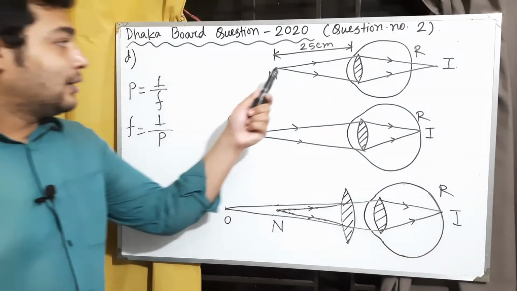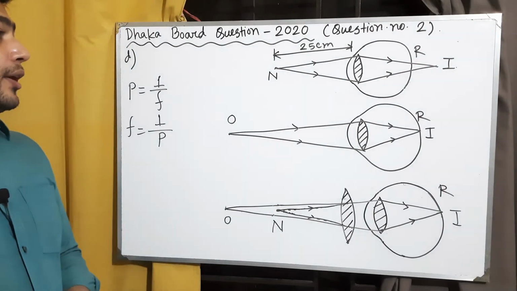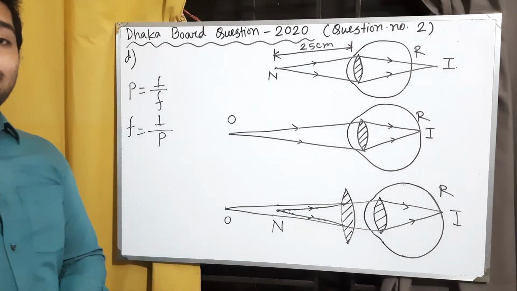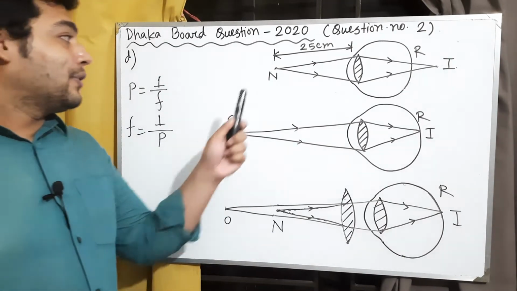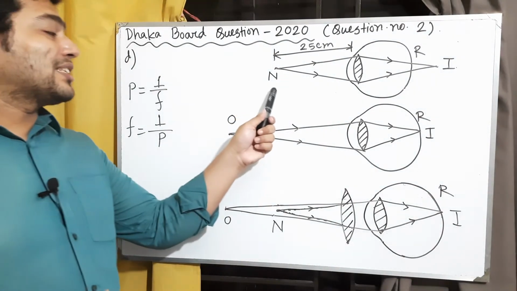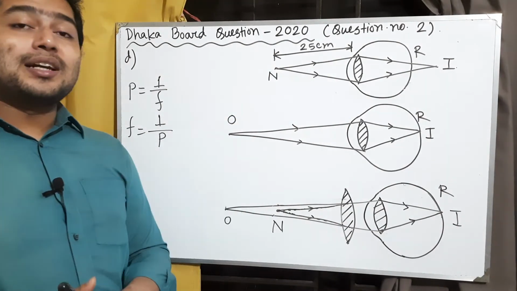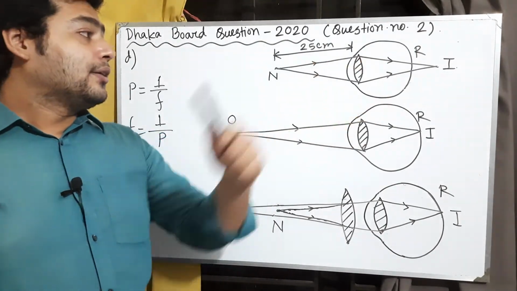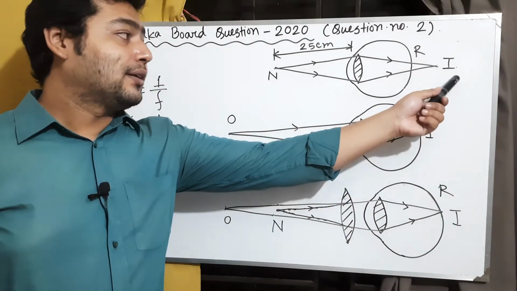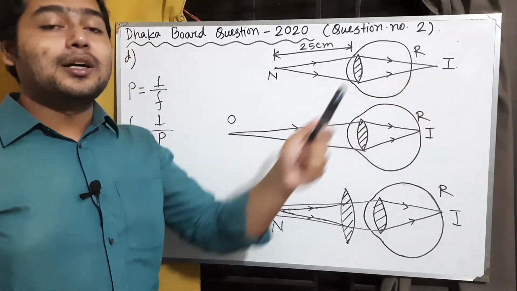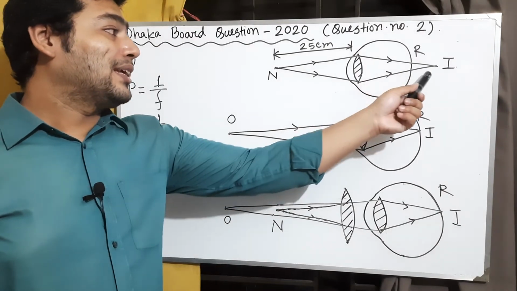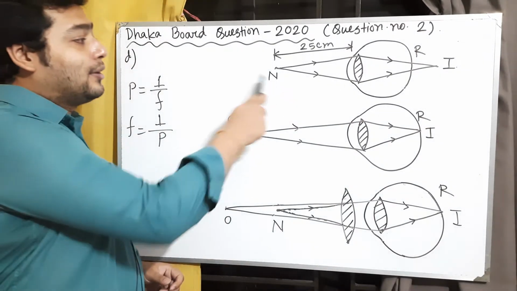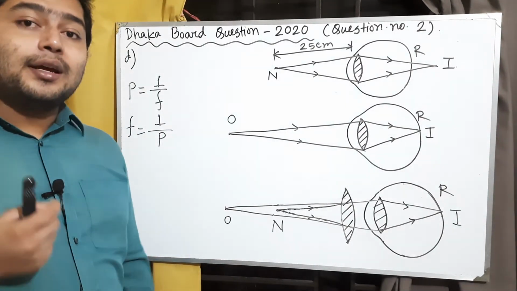You see that 25 centimeters is our near distinct point. If the light rays come from the near distinct point to Mina's grandmother's eye, then the image of these rays is created outside the retina. Here R is the retina of the eye.